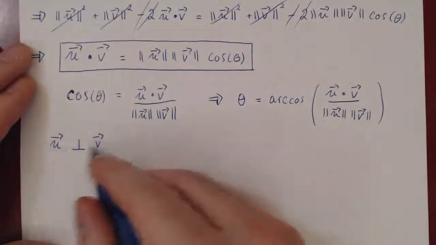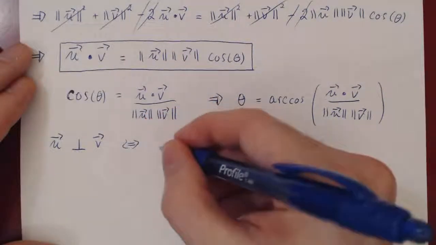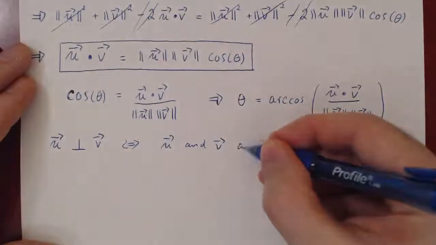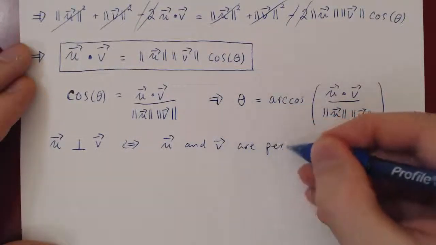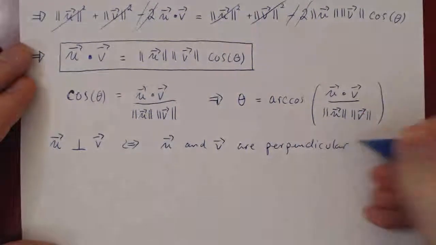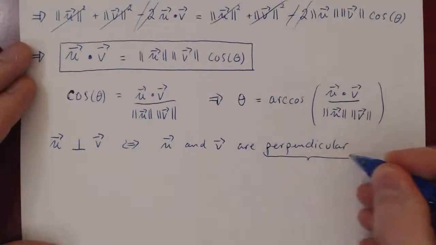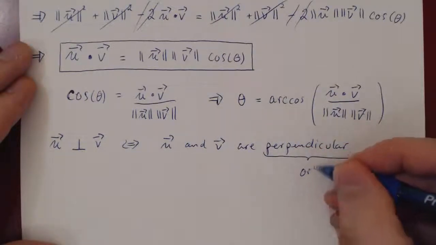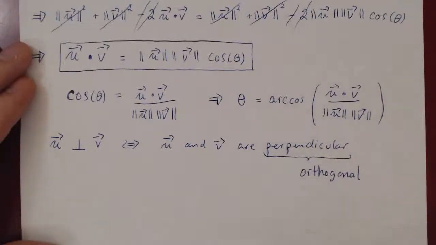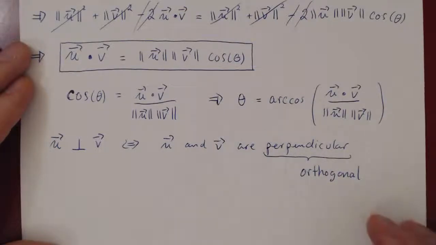This signifies that u and v are perpendicular only if u and v are perpendicular, and a synonym of perpendicular is the word orthogonal. They are synonyms. So whether you say perpendicular or orthogonal, same thing.